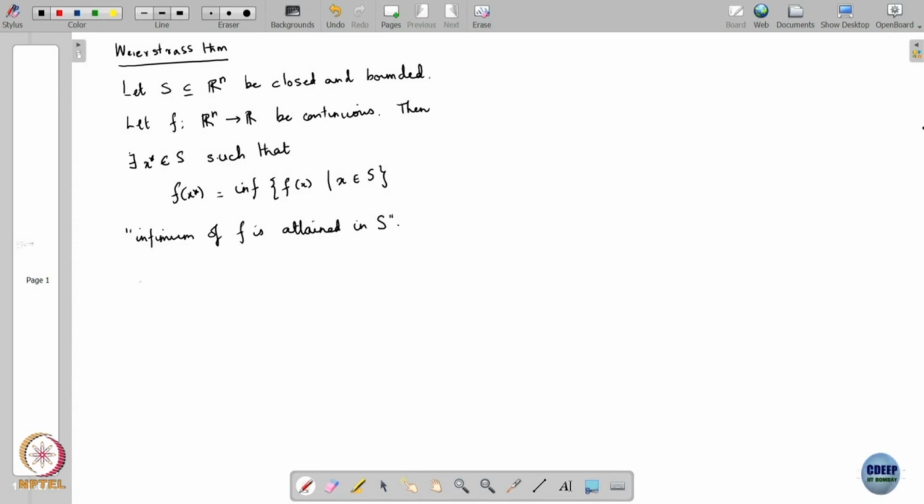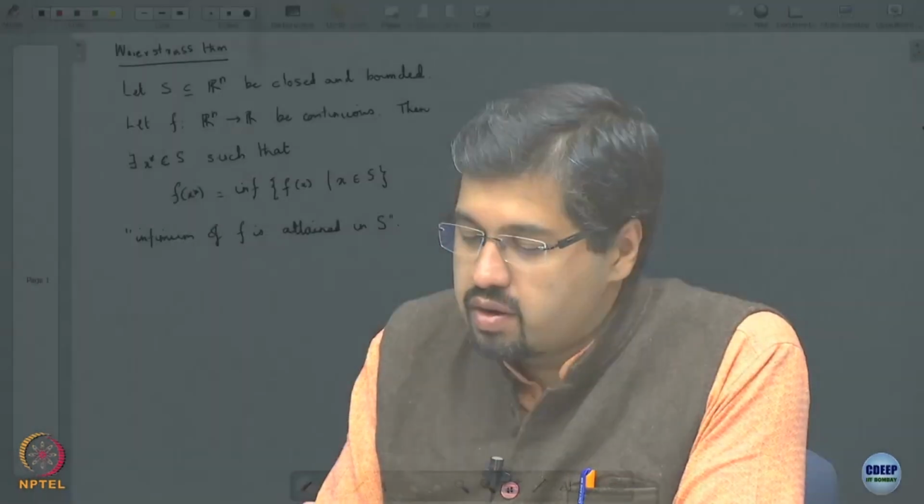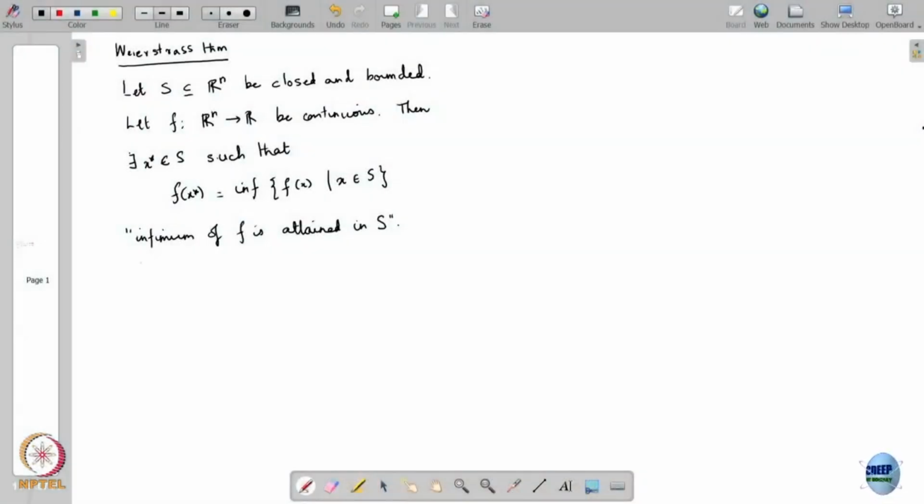Now, a problem of minimizing a function F can always be converted to a problem of maximizing another function, by just changing F to minus F, and changing F to minus F preserves the continuity of F. So, if F is continuous, then minus F is also continuous. That does not change the continuity.